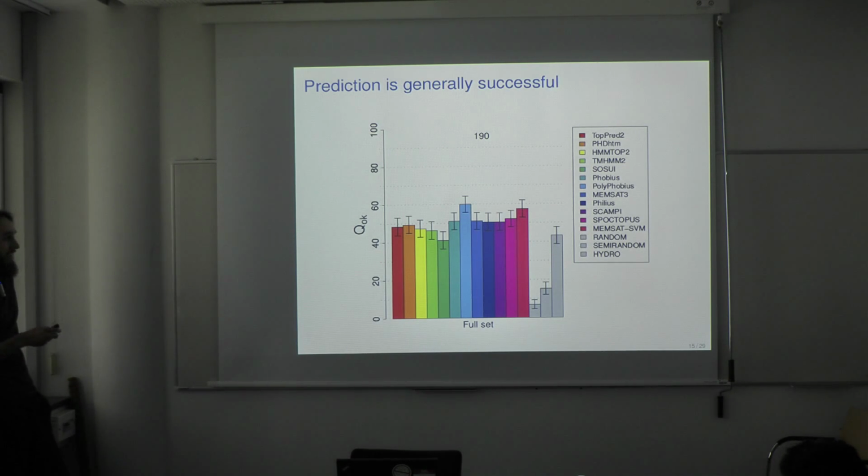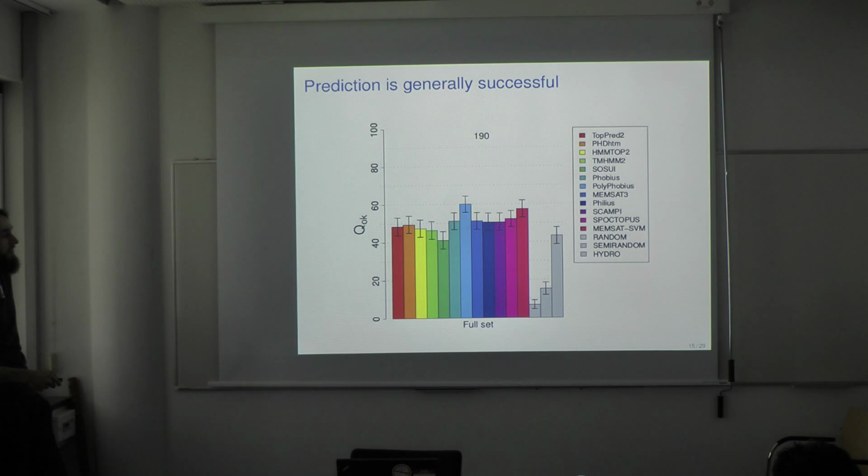So on average, we have around half of the proteins completely correctly predicted, roughly. Around 50% is where they all are. And some of them, like for example PolyPhobius, stand out as particularly good, or MEMSAT-SVM, while others do not do so well. The error bars are approximated via bootstrapping and single standard deviation.